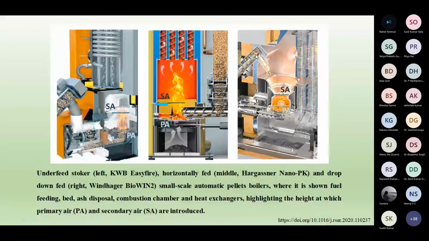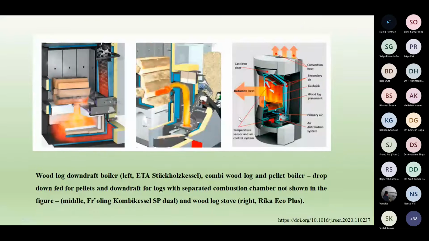These are boilers which were used by them, and this PA is the primary air for facilitating the burning, and this is the secondary air. So primary and secondary show the location from where the air flows inside. So from the log down boiler, from log to down, it is giving you the heat.